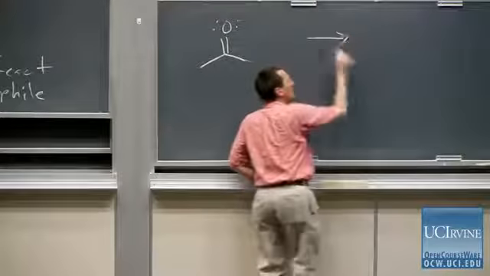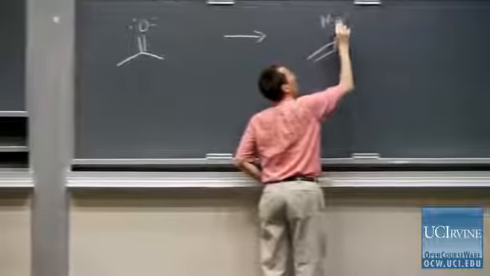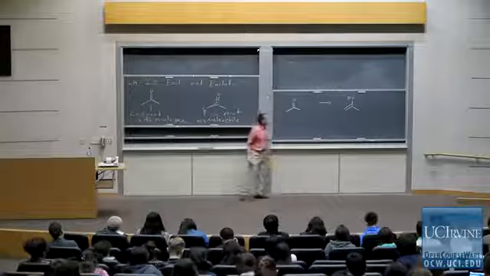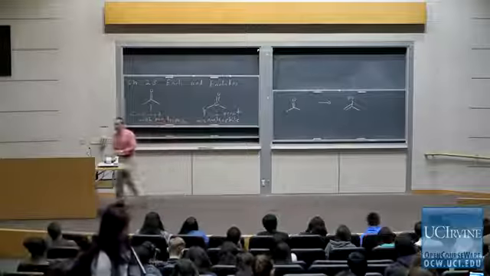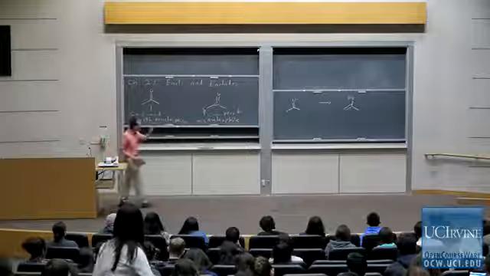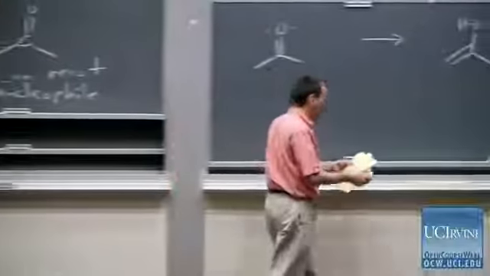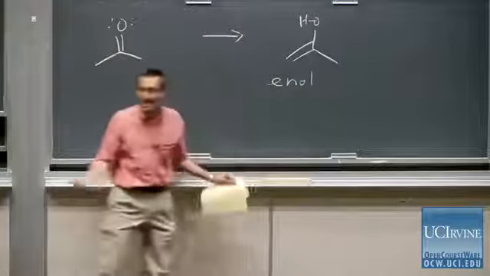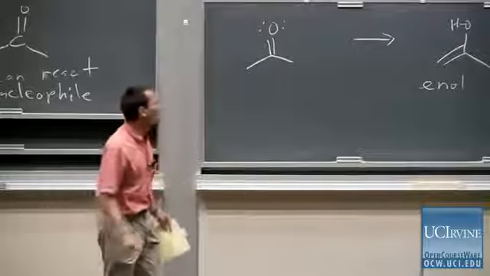And so we have this equilibrium where we have another species, and now the species is obviously very different. In other words, you have the carbonyl compound, and then you have a species that has a double bond and an alcohol, and that's why it's called an enol, because en means a double bond and ol means alcohol.